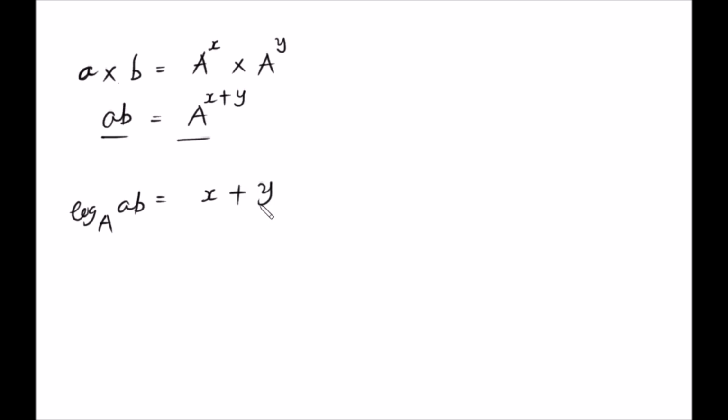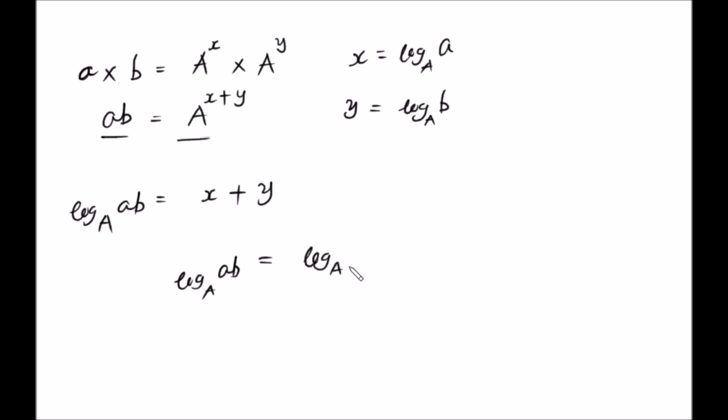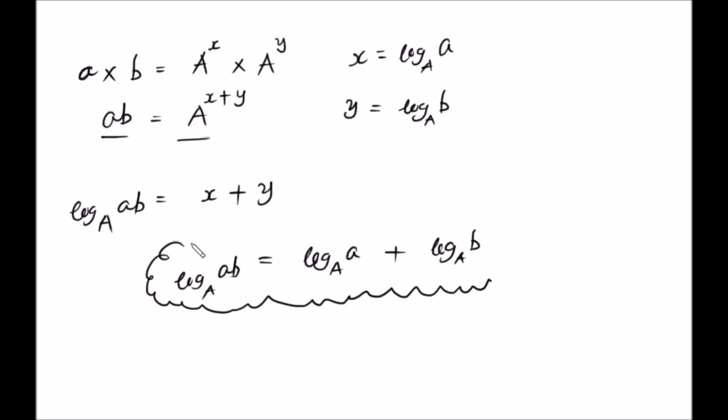X plus y. Lakini pale mwanzo tulisema x ni nini? Ni log ya a base capital letter A, alafu y ni nini? Ni log ya b base capital letter A. Kwa hiyo kumbe log hii ya ab to base A ni sawa na x, lakini x ni log ya small letter a to base A, alafu y ni log ya small letter b to base A. So this now is the third law of logarithm.